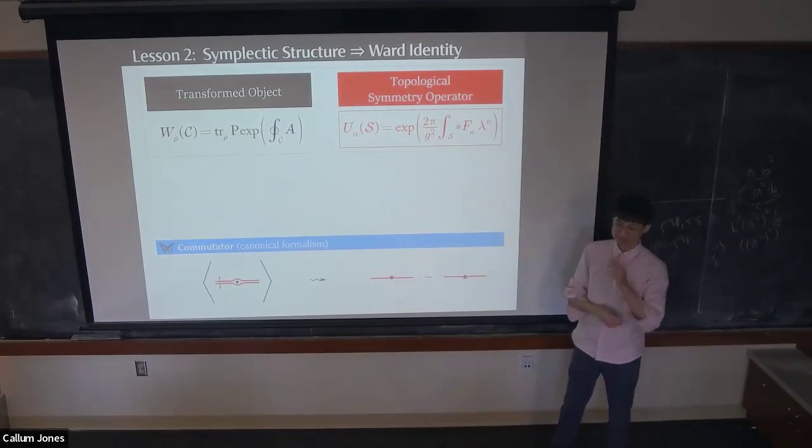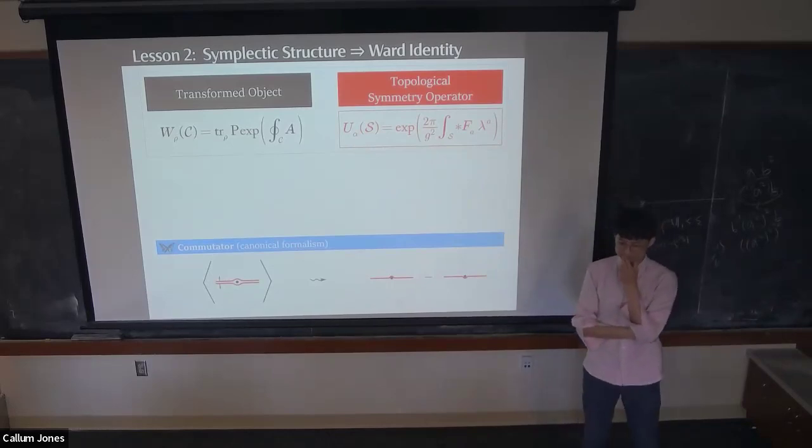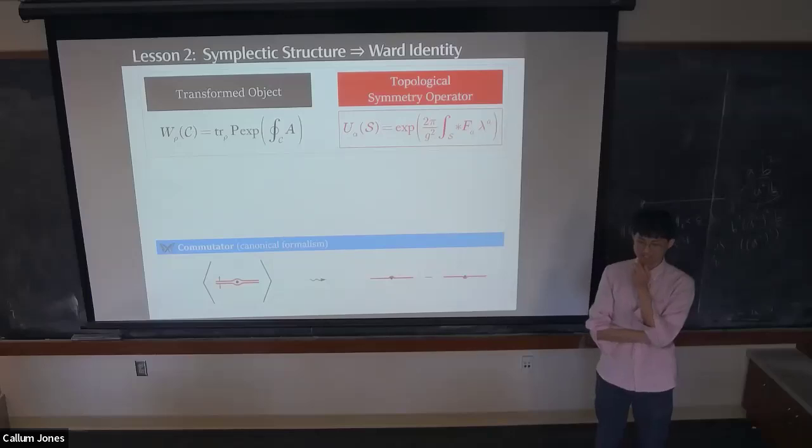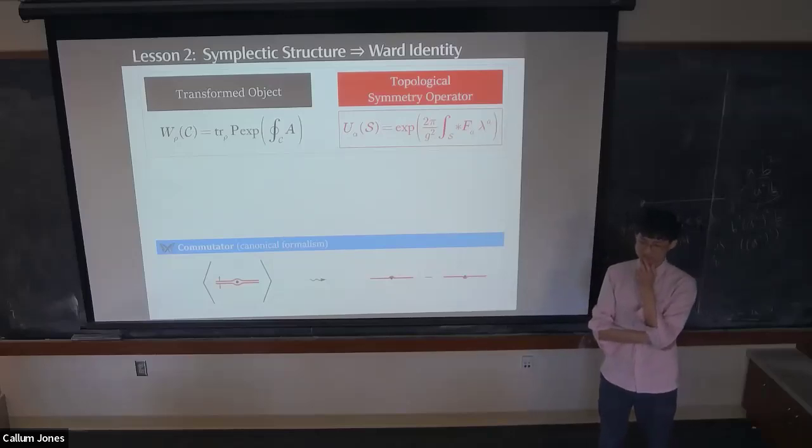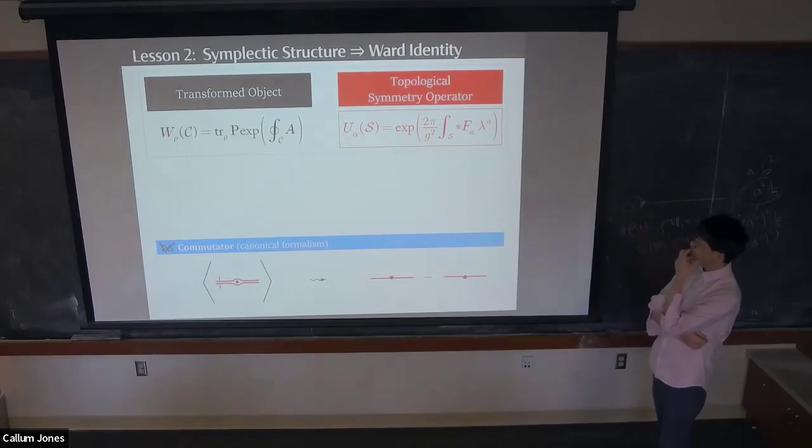People wrote gauge invariant operators that do the job. So why do you need this explicit formula that is gauge non-invariant? The other explicit formulas are gauge invariant. Like, for instance? Well, roughly speaking you can take this formula and gauge average it over something to make it gauge invariant.